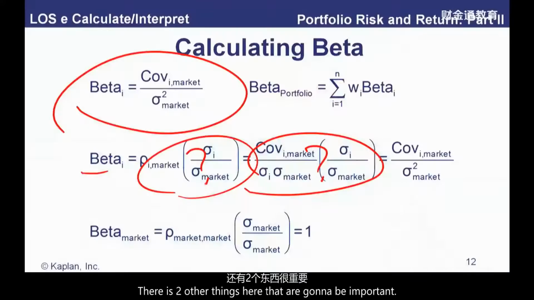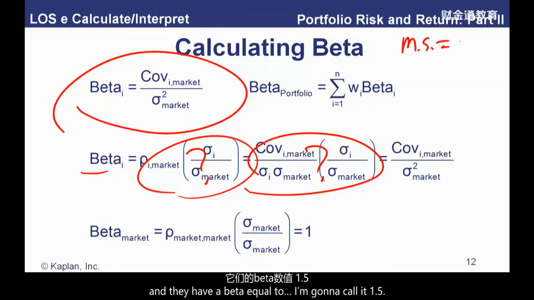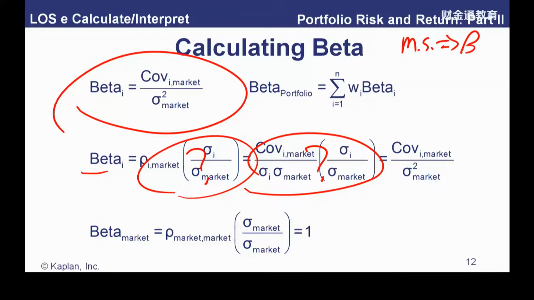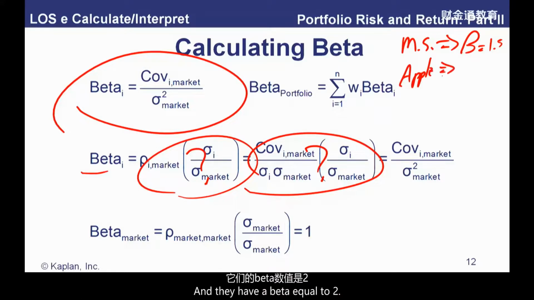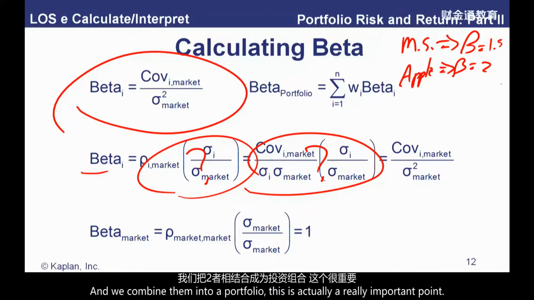There's two other things here that are going to be important. If we take two assets, Microsoft, since we've been picking on them, has a beta equal to, I'm going to call it, 1.5. And then we take another company, Apple. I guess I should have used their symbol. Anyway, they have a beta equal to 2, and we combine them into a portfolio.